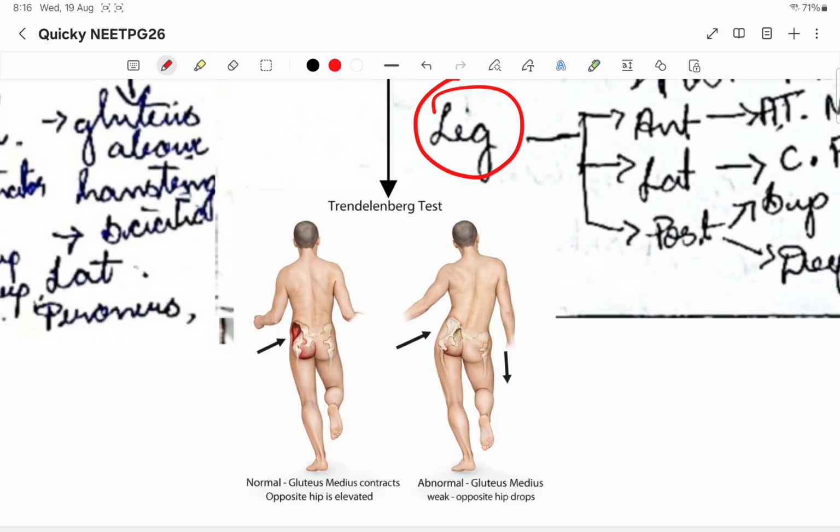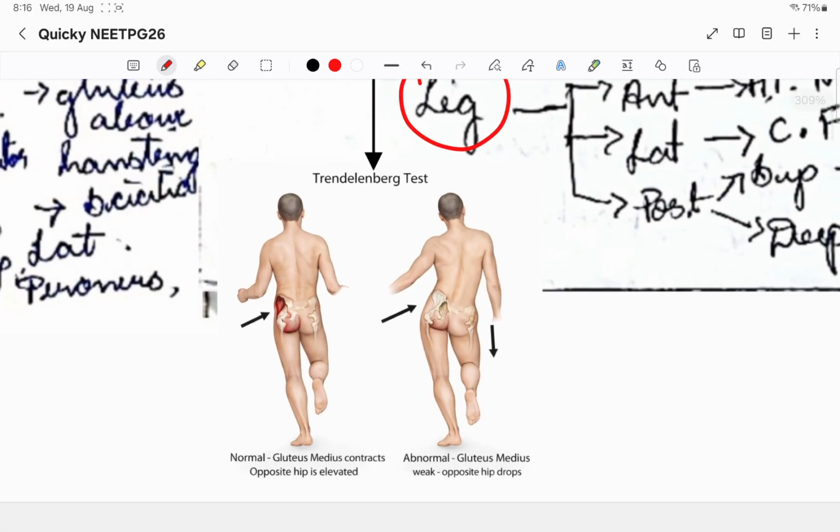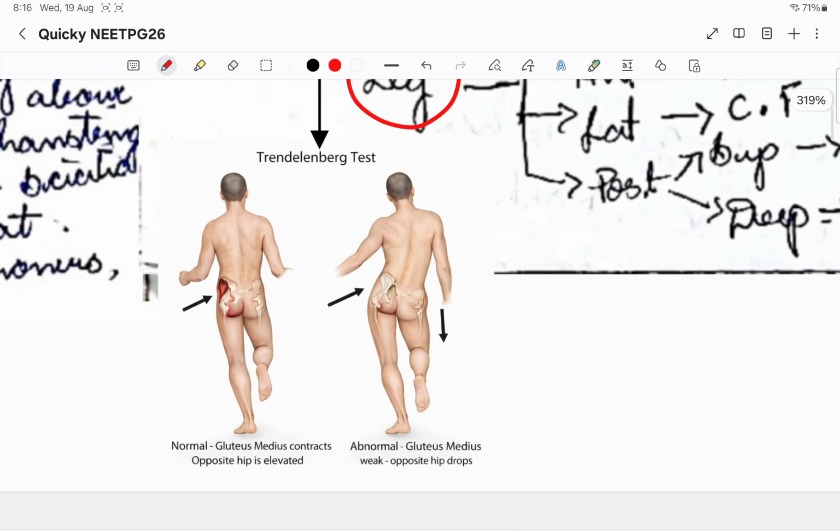Now, coming to the pathology I was telling you about: when the gluteus medius and minimus are affected, when the superior gluteal nerve is injured, we get something known as Trendelenburg gait, where the drooping of the pelvis is on the opposite side of the affected side.